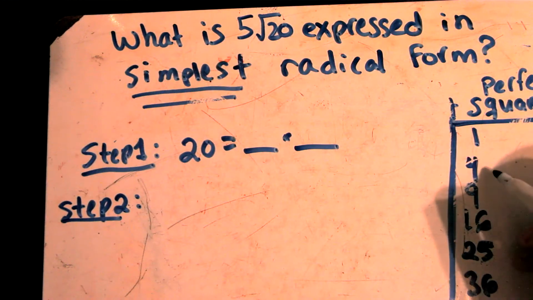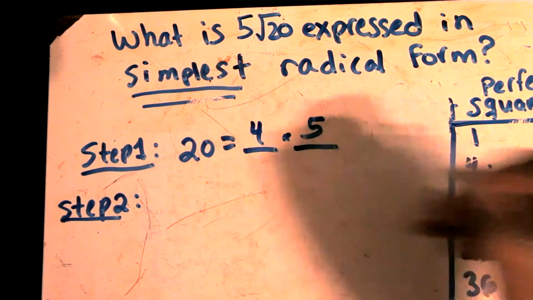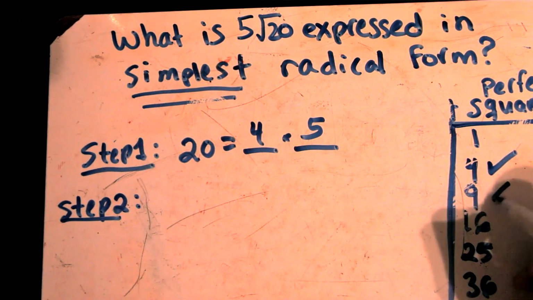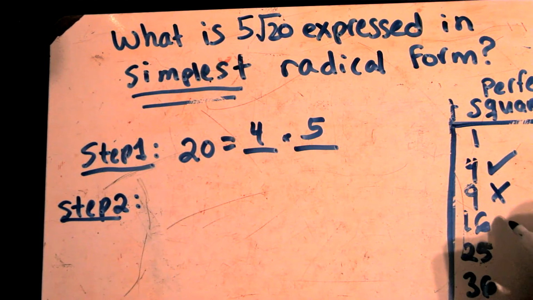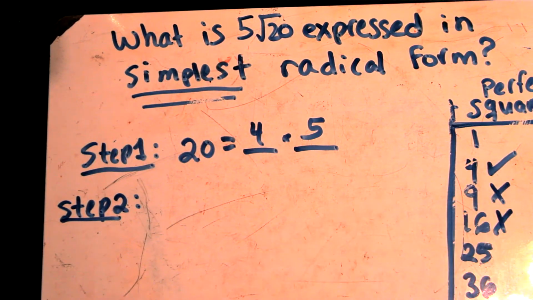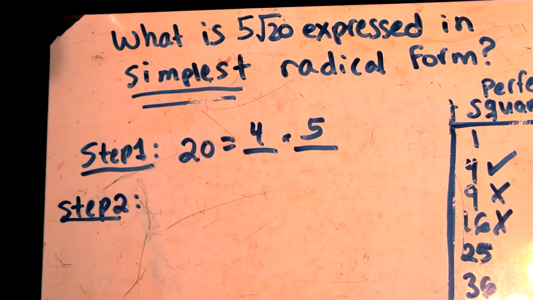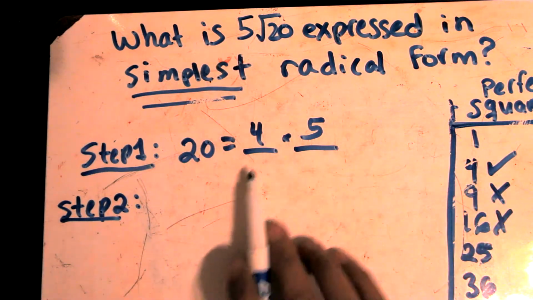And we go down the line starting with 4. 20 divided by 4 is 5, a whole number, so yes. 20 divided by 9 does not give me a whole number. 20 divided by 16 does not give me a whole number, and then we could stop there because now we're getting to numbers that are bigger than 20, so they can't be factors. So we've checked all the possible ones.